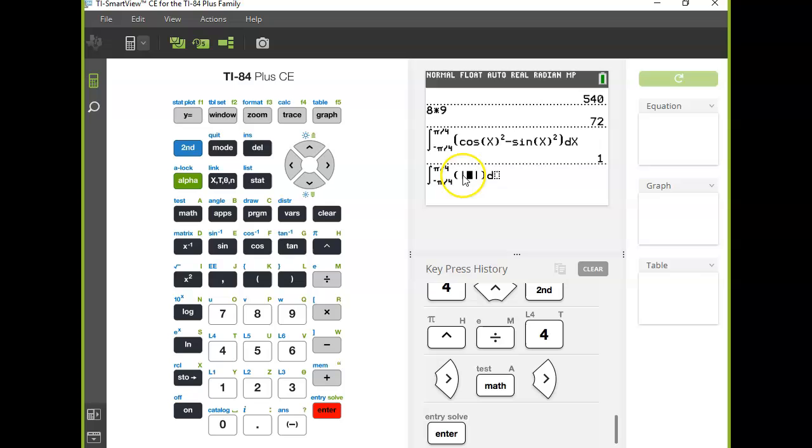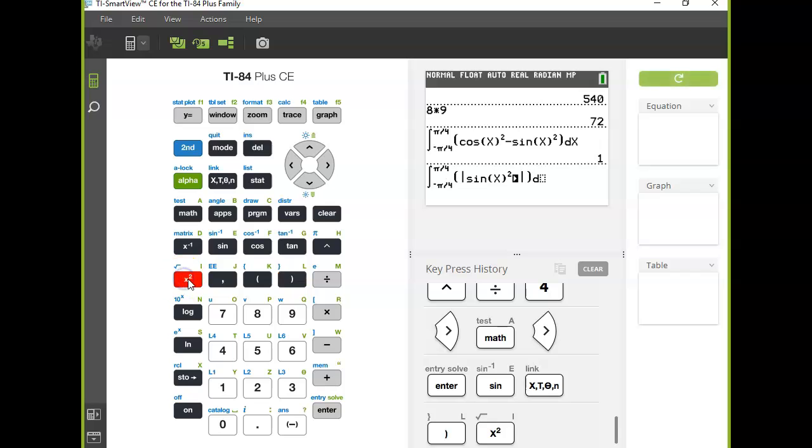Okay, so what if I put the absolute value in there, and then I do the exact same thing that I just did? Actually, I'm going to do sine squared. So what if I accidentally flip it around? Because we're calculating area between two curves will always be positive.